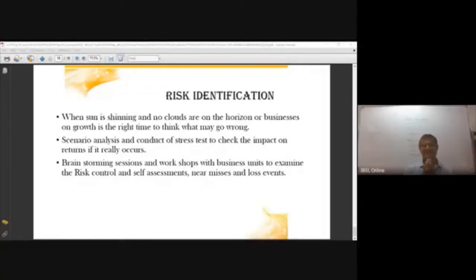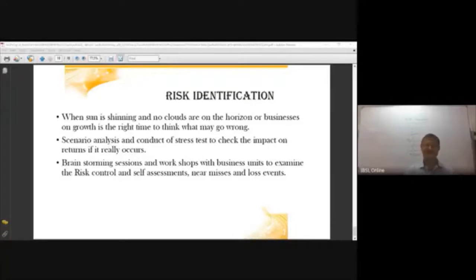So Basel Accord 1 only considered credit as the major risk in a bank, and they imposed a percentage on the weighted average of credit risk in the total loan book. They wanted at least 10% of that as capital.